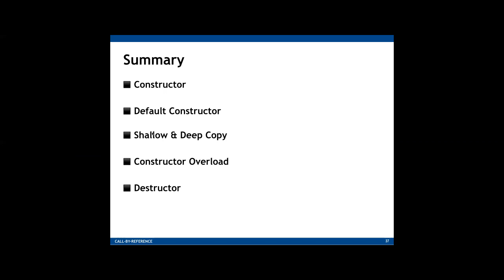And there are two types of copy, shallow copy and deep copy. You have to be careful about this if your class consists of pointer variables. And we also talked about how constructors can be overloaded just like other functions. If we overload the constructor, we provide programmers multiple ways of declaring the class variables. And we also talked about the destructor. The Destructor is the last function that is going to be called before the object is destroyed.